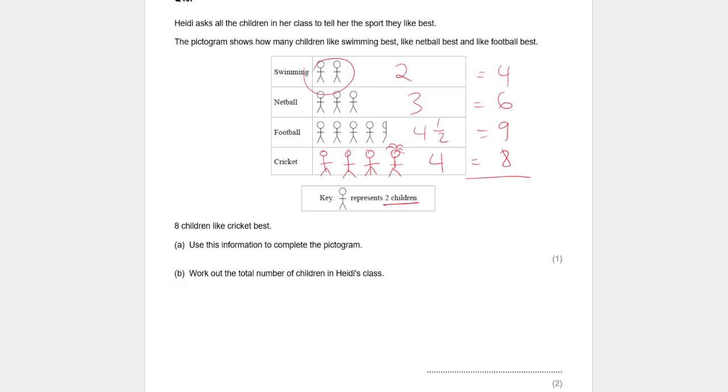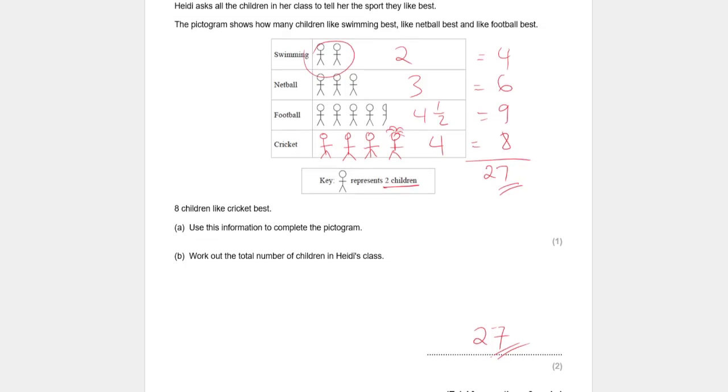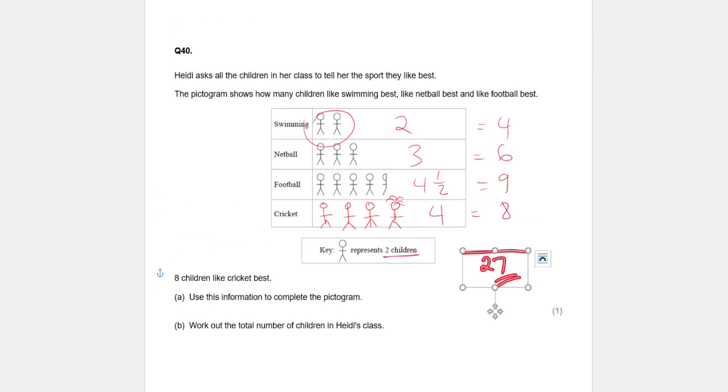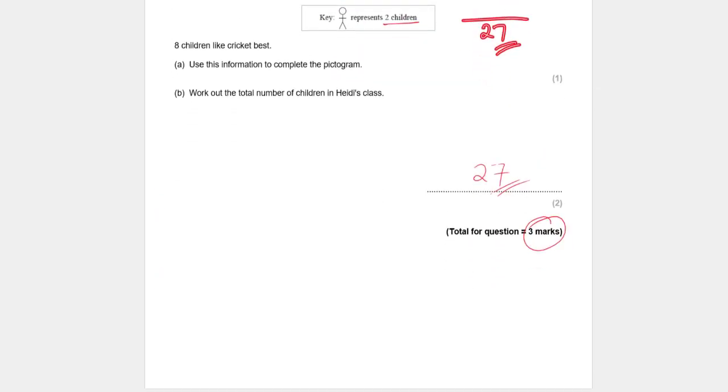Add them all together. 10, 19, 27. Does that sound about right? I think it is right. Please do let me know if I made any mistakes. So 27 children in Heidi's class, and this is worth altogether 3 marks. So that was question number 40. Let's go to the next question.